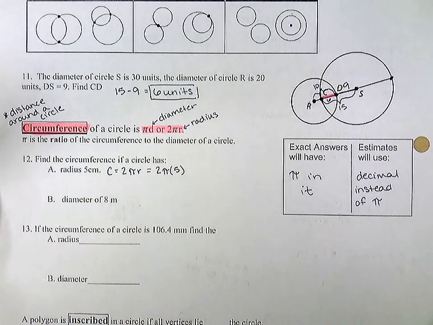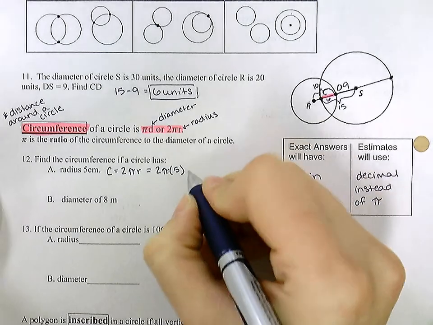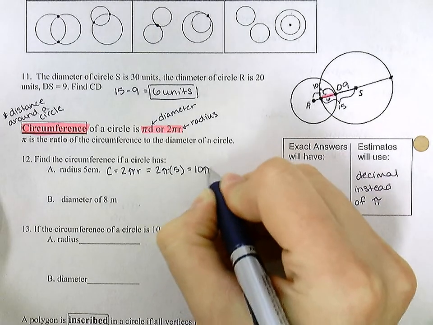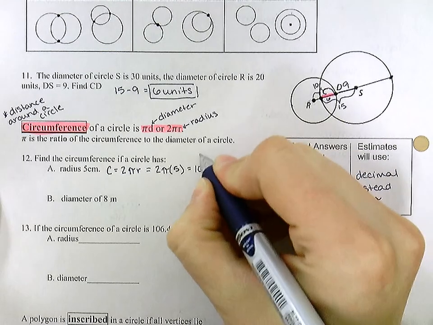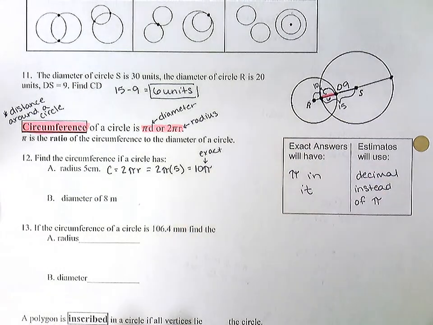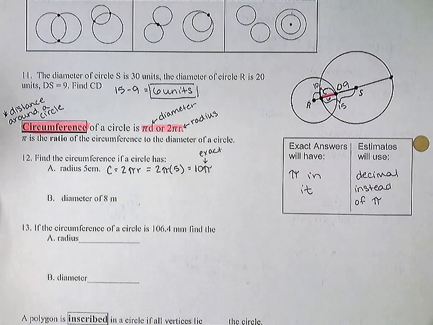Now if I said, give me the exact answer, you would write 10 pi and that's it. That would be your exact answer. If I said find the estimate, you're actually going to multiply by pi. If you have a scientific calculator, you have a pi button on there.